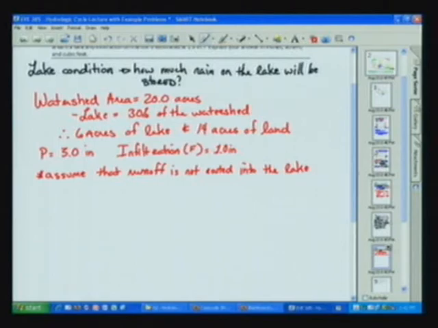So, the first case we're going to look at is the lake condition that there are greater than or equal to 3 inches of storage available.